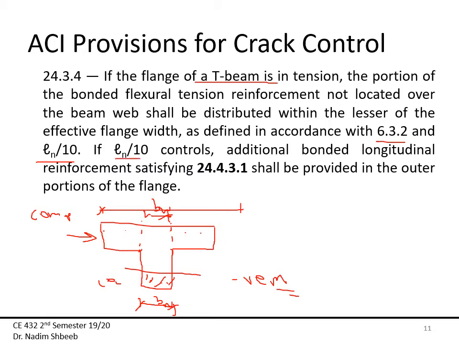Now, if this controls, then I need additional longitudinal reinforcement satisfying 24.3, which shall be on the next slide, which means I need to add another longitudinal reinforcement in this direction, provided that this controls.